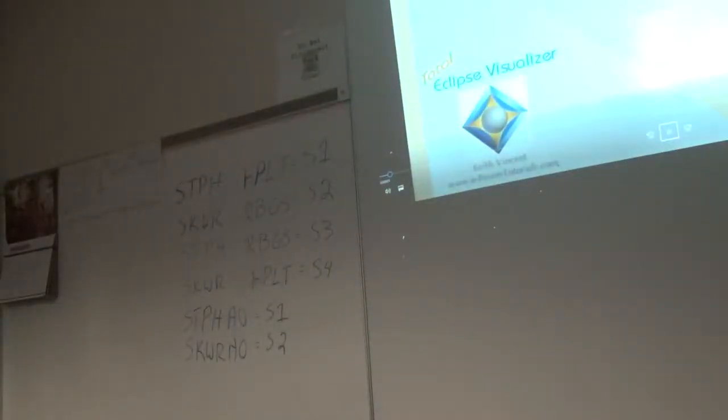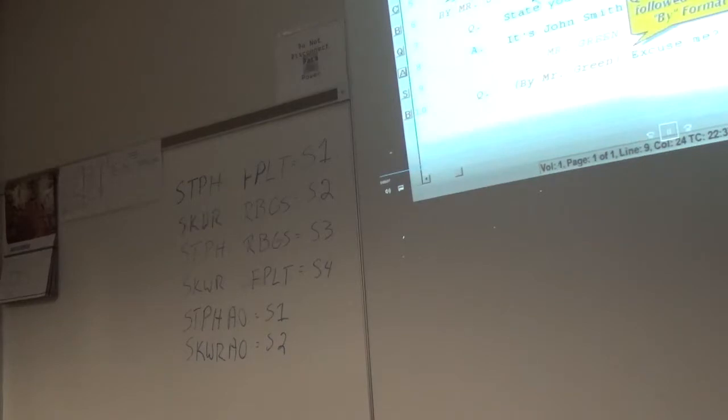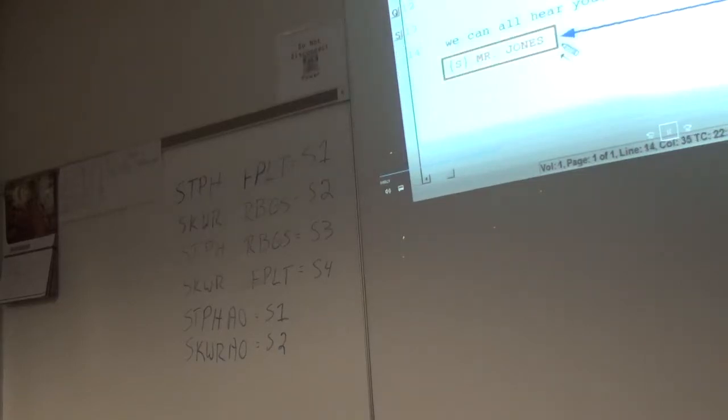Bylines. Let's see how Eclipse automatically inserts byline paragraphs to identify your questioners. This first format was used when a speaker paragraph was immediately followed by a question paragraph. And this second format was used when a question paragraph was immediately followed by a speaker paragraph. Bylines can be inserted automatically during translation.